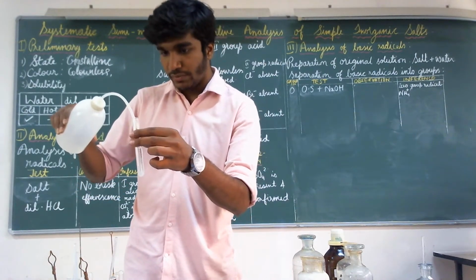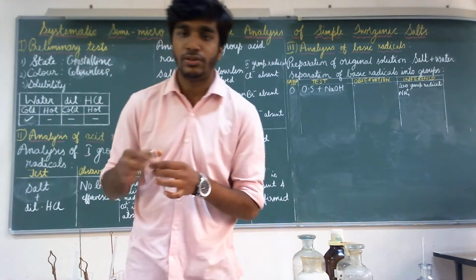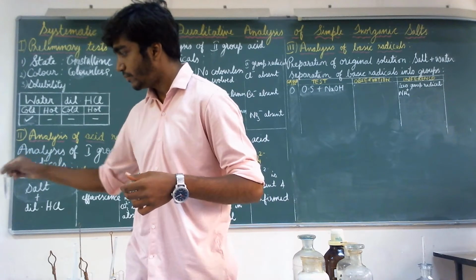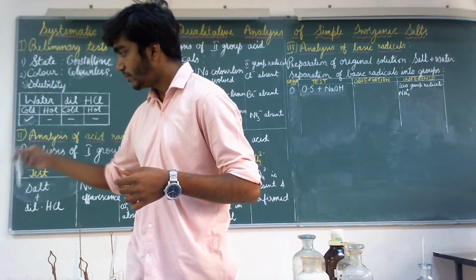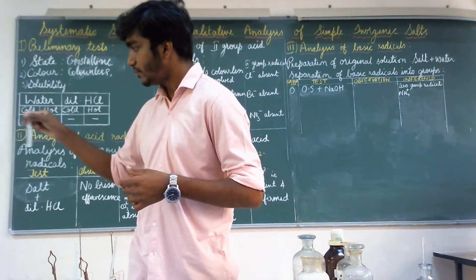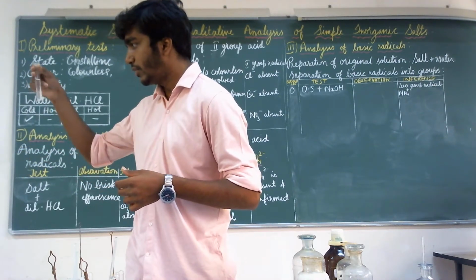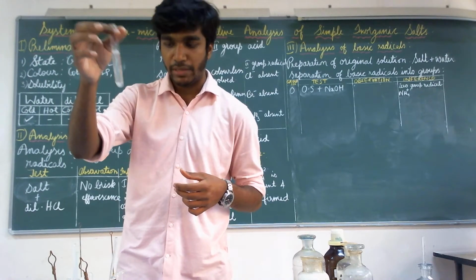Since water is my solvent, I am dissolving it in water. If dilute HCl is your solvent, you have to dissolve it in dilute HCl. As you can see, I have prepared the original solution. From now on, all the tests will be done with this.